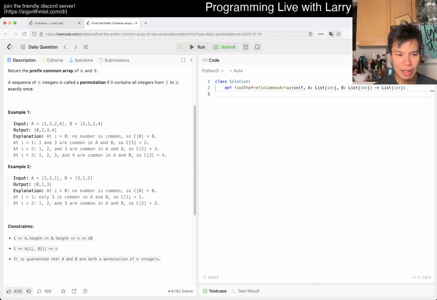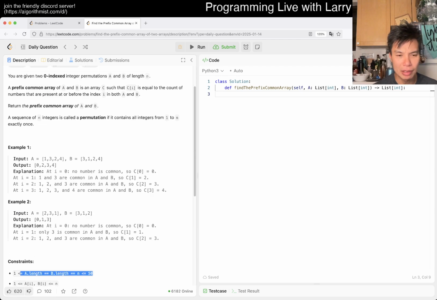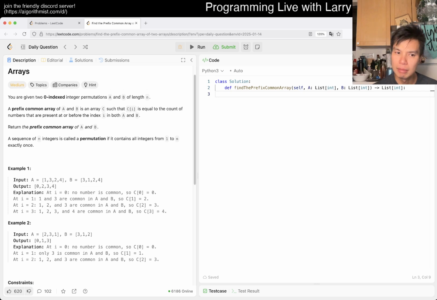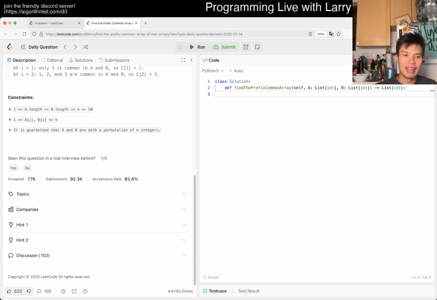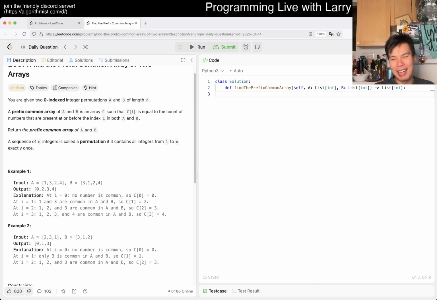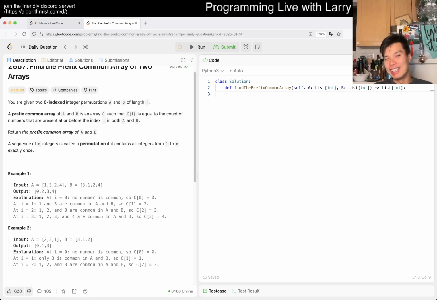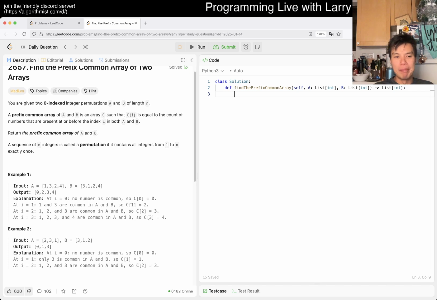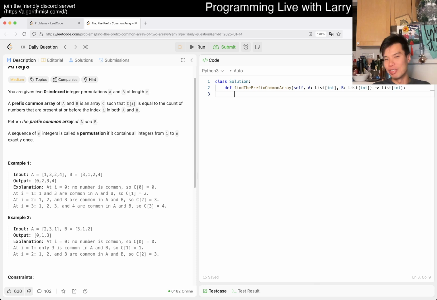The lengths are at most 50, but I don't think it even matters. It's just keeping track. I guess it does matter in that you could be really lazy with certain things. Like you could do n to the 4th if you really wanted to be nuts.